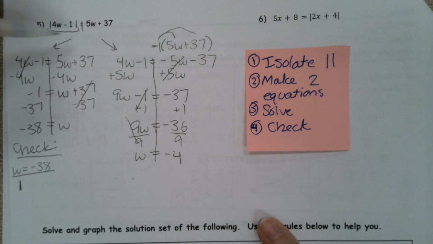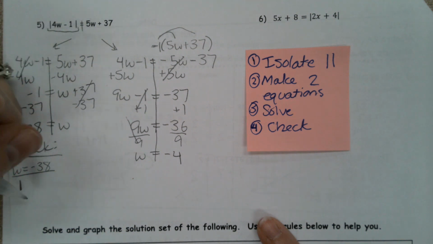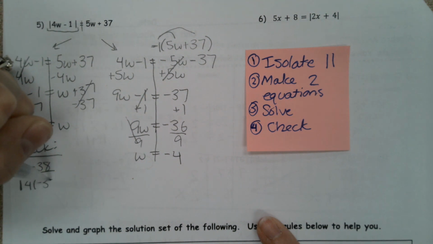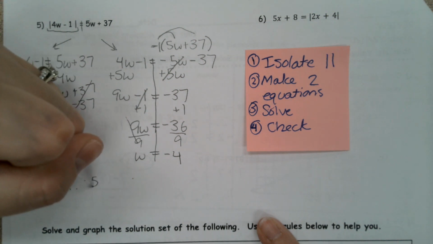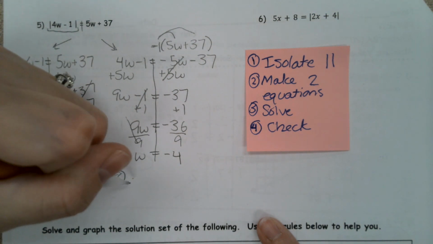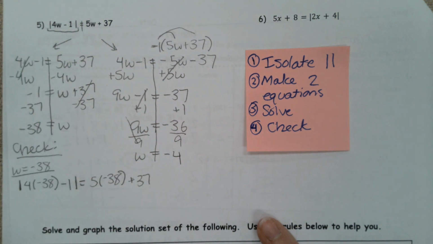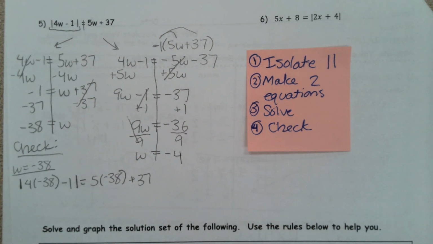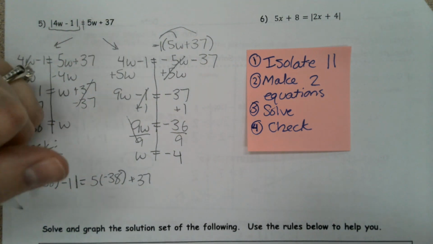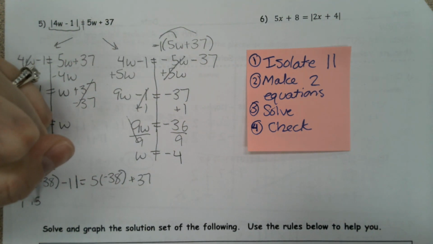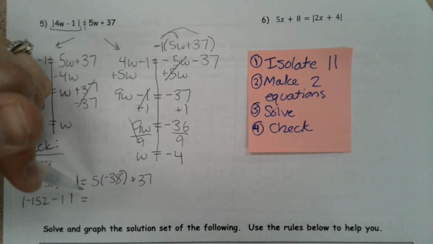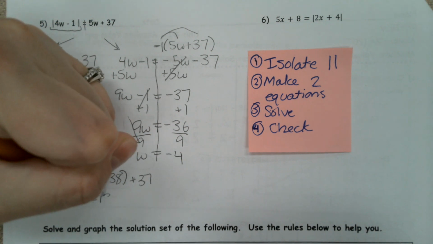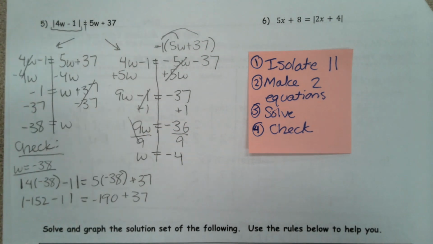So again, we're plugging back into the original because that's where the split happened. 4 times negative 38 minus 1 equals 5 times negative 38 plus 37. 4 times negative 38 will give you a negative 152 minus 1. 5 times negative 38 will give you negative 190 plus 37.